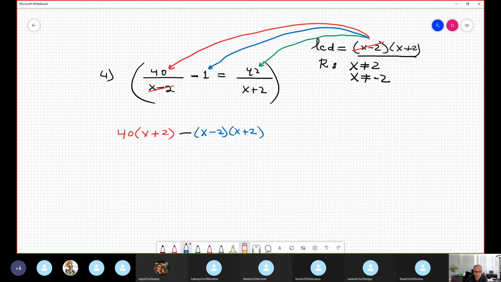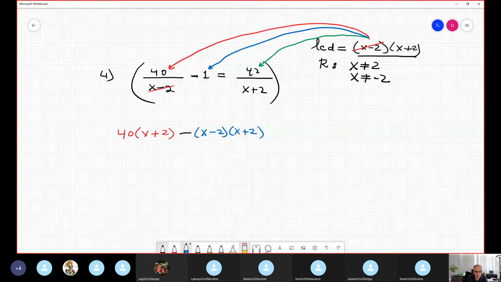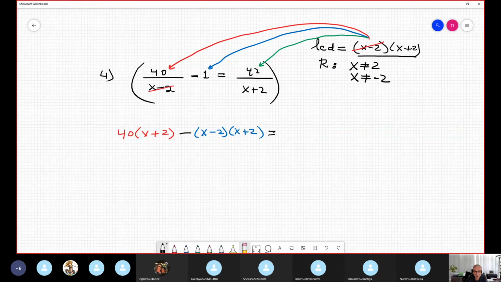Be careful because this minus affects everything. If you put the bracket, it's okay. If you don't put the bracket, it's okay also. Because in the product, you multiply this times minus, and after the minus becomes negative, no? Now equal, a multiplication by the second, it's obvious that x plus 2 is cancelled out with the x plus 2 and stay alive 42 times x minus 2, no? Okay, something like that.